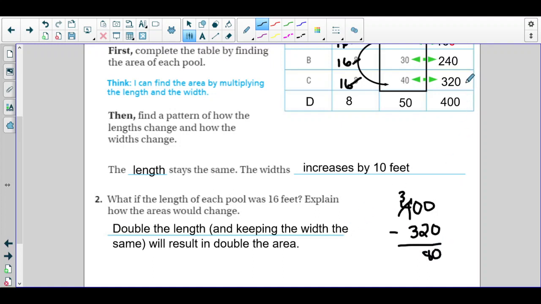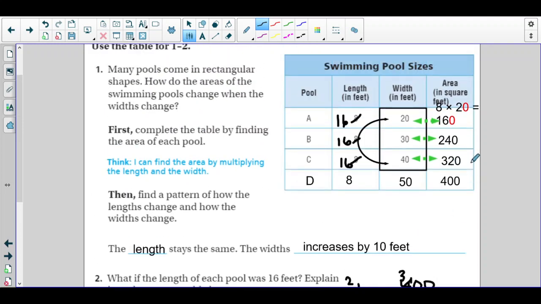Well, what is 320 minus 240? I see something here. That's also 80. So this pattern from here to here is always going to be 80. All right. So a lot to look at, a lot to think about there.